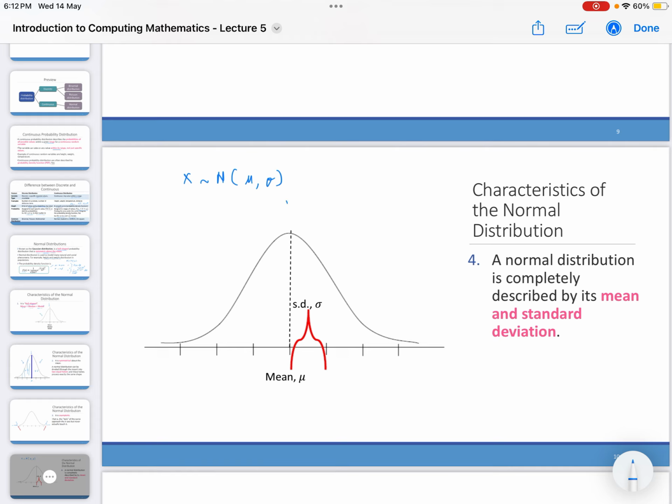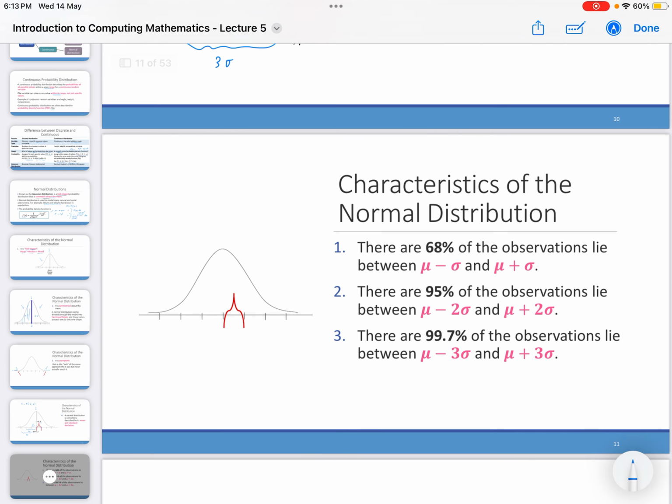The mean will be the middle point here, the one that divides this curve into two symmetric curves. And the standard deviation is the variation around the mean. This is sigma, the distance here. The distance from here will be 2 sigma, and then here will be 3 sigma.